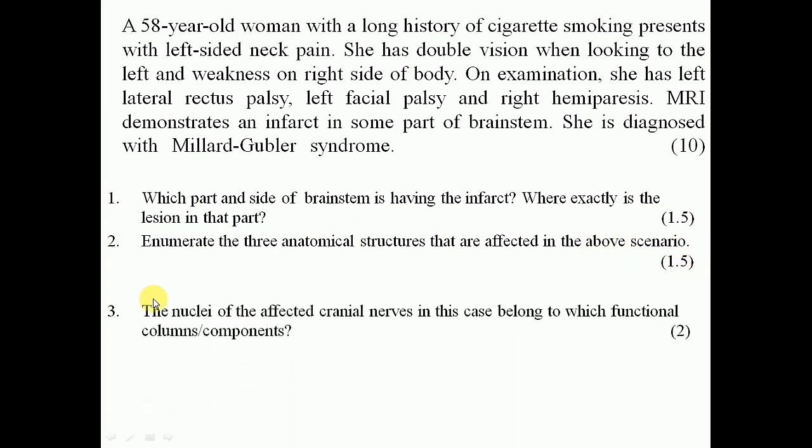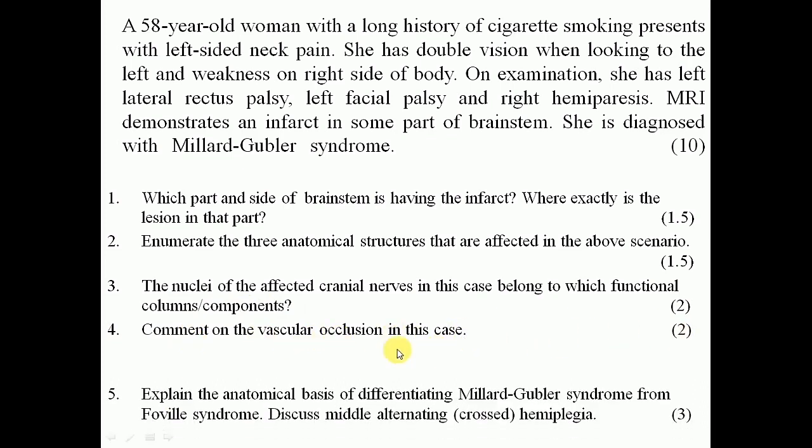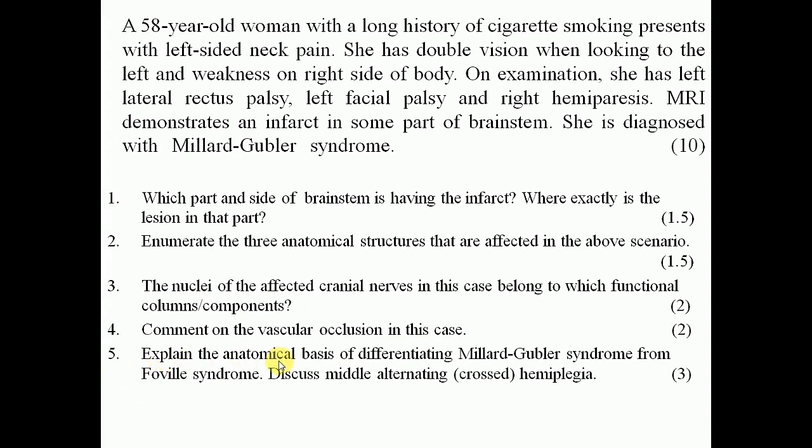Question 3, the nuclei of the affected cranial nerves in this case belong to which functional columns or components? 2 marks. Question 4, comment on the vascular occlusion in this case. 2 marks. And question 5, explain the anatomical basis of differentiating Millard-Gubler syndrome from Foville syndrome and discuss middle alternating or crossed hemiplegia, which is of 3 marks.